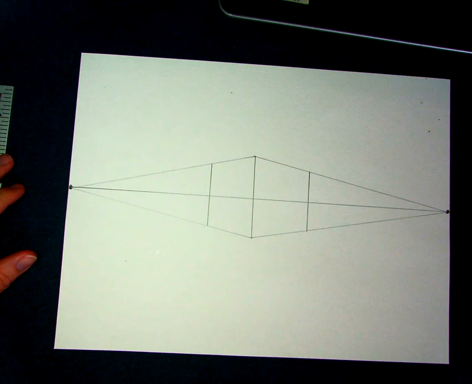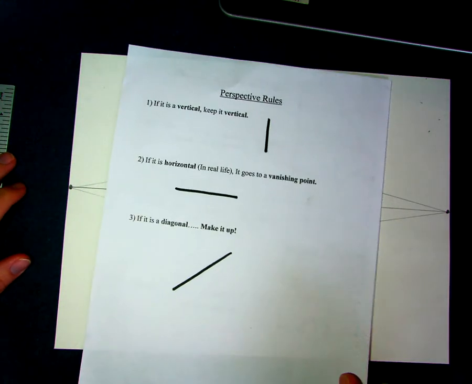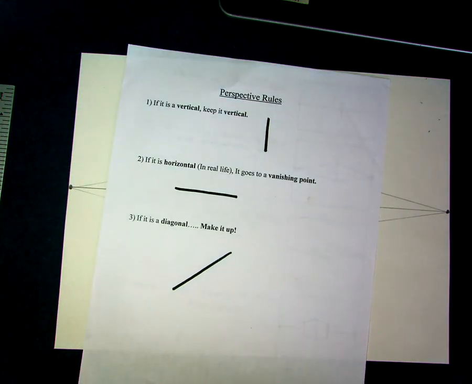So that being said, another thing you're going to hear me say incessantly, and this is 2-point perspective rules, but a lot of it makes sense with 1-point perspective too, is that if it's a vertical in real life, like it goes straight up and down like a tree trunk or a side of a building, it stays vertical. If it's a horizontal, it goes to a vanishing point.